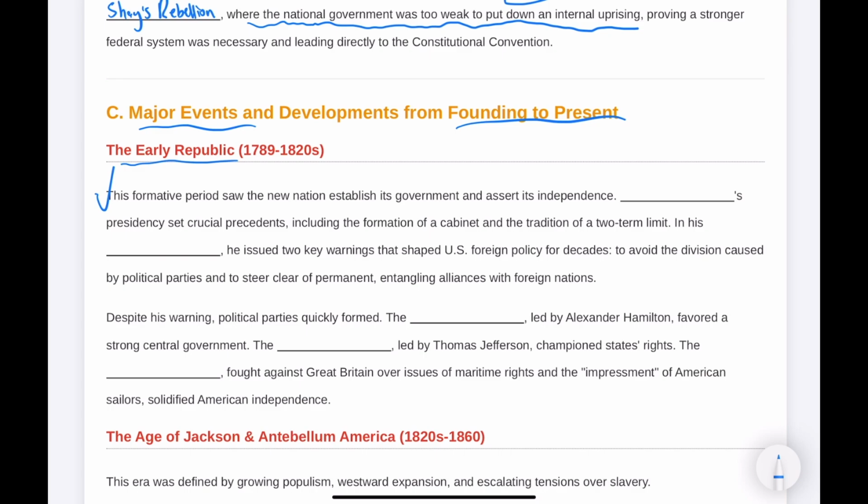All right, so blank presidency. So this is a president that would be George Washington, President Washington. Set crucial precedents, including the formation of a cabinet and the tradition of a 2-term limit. That, of course, was very important.